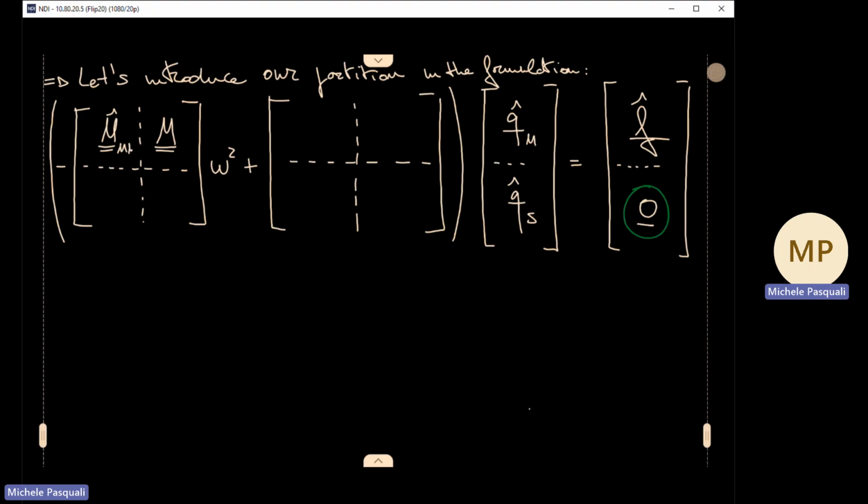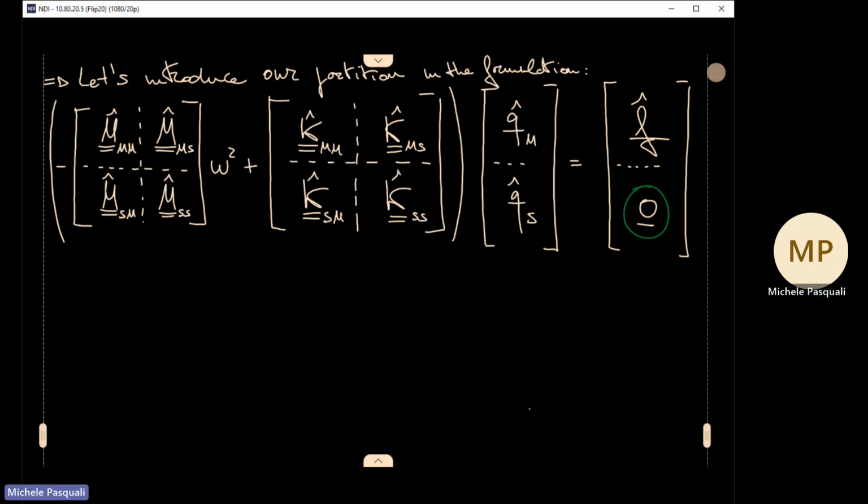This is M MM, M MS, M SM, which is of course the same as M MS because it's symmetric, and then we have M SS, and the same goes for K. They all have the overhead: K MM, K MS, K SM, K SS overhead. Okay, so as you can see, it's very simple.